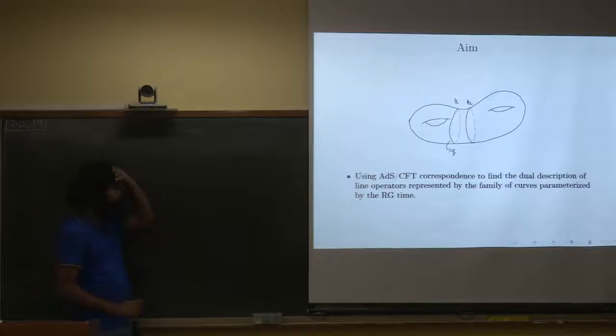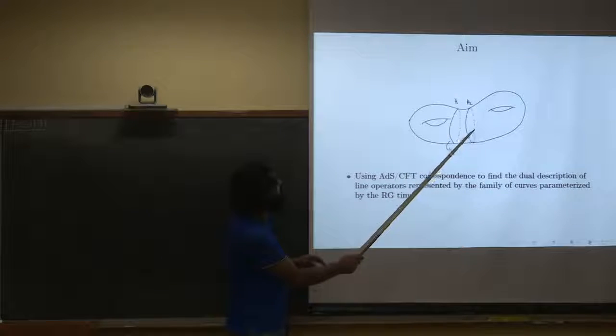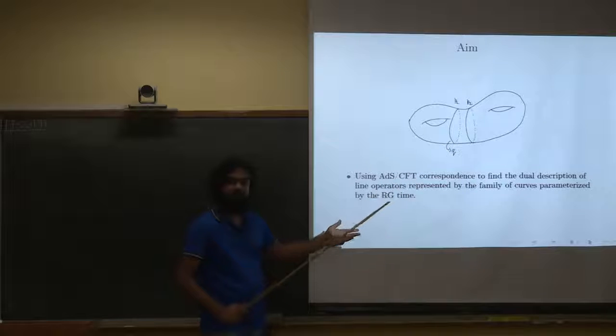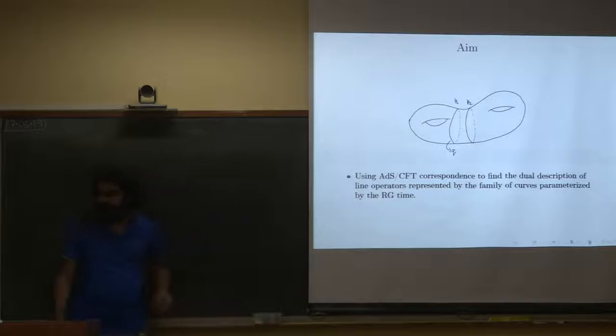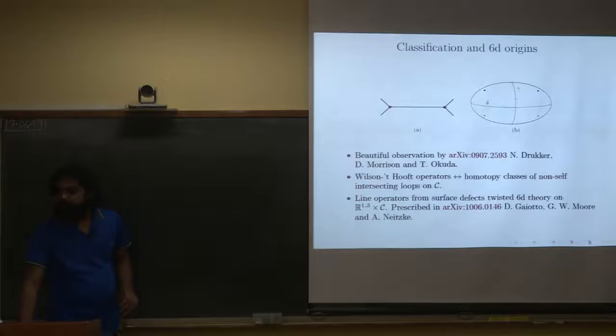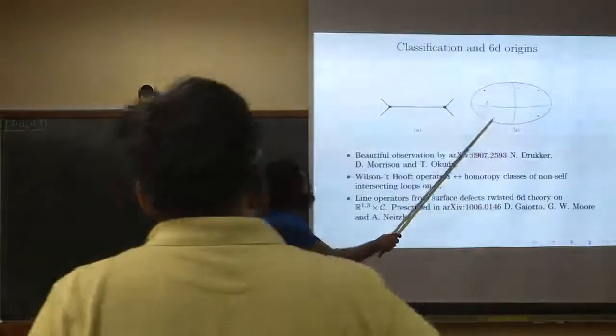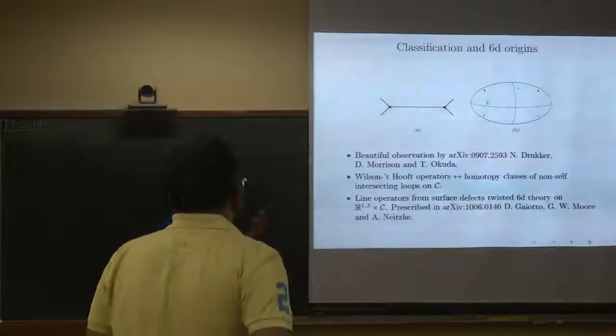So now the stage is set, and we are in a position to state our research question: how does this loop on the Riemann surface evolve as you perform an RG flow? The idea is that this classification was done mathematically for A1 theories.